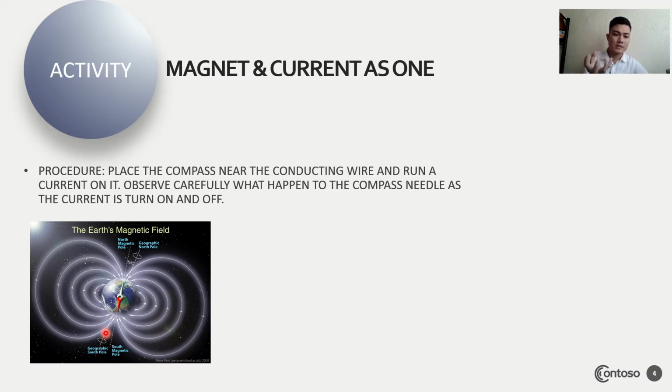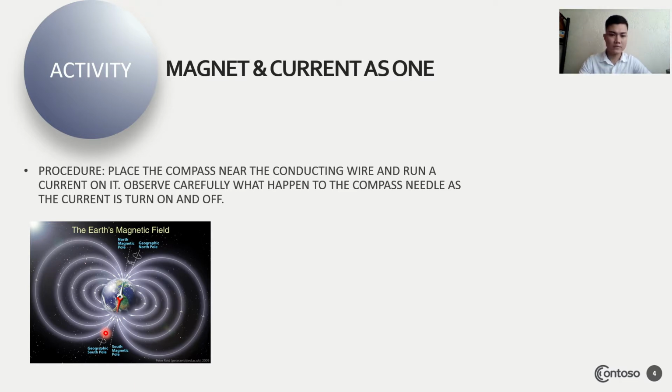Our compass is very sensitive to that magnetic field of the Earth. That's why it will move and point in the direction of the North Pole, because the needle itself is a magnet. Since it is a magnet and the Earth has a magnetic field, whenever we move it in a very specific direction, it will seek the North Pole of the Earth. That's how a compass works.